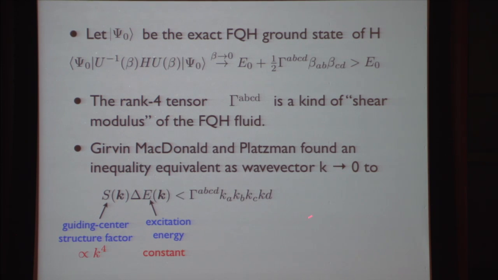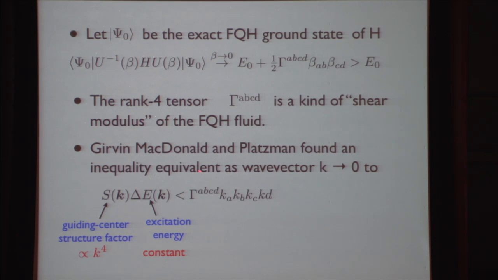They found the right-hand side was a rather messy expression, which they didn't interpret too well. They saw you could write it in terms of integrals over the structure factor of the state, and they noticed that it went like k to the fourth at long wavelength.